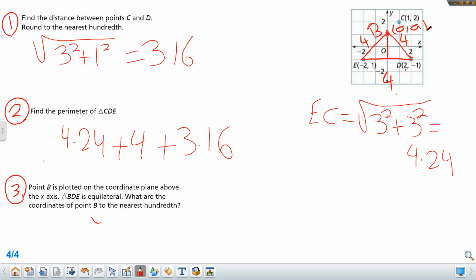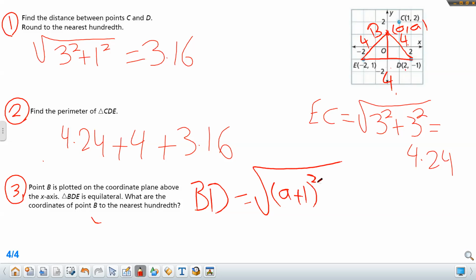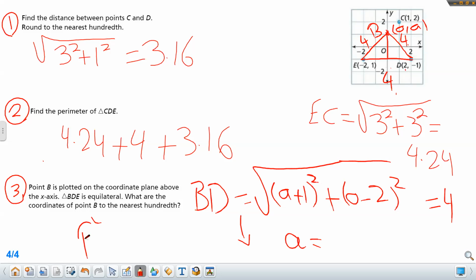So I can say BD equals square root of (A minus negative 1) all squared plus (0 minus 2) all squared, which equals 4. Then you can solve it as an equation to find the value of A. Then you can find the coordinates of B.